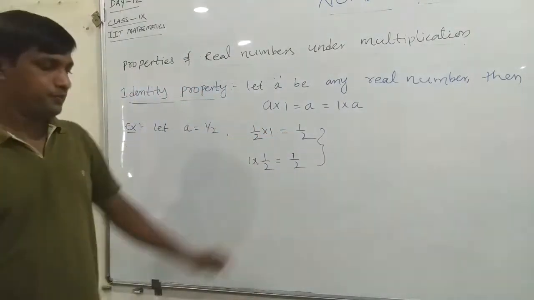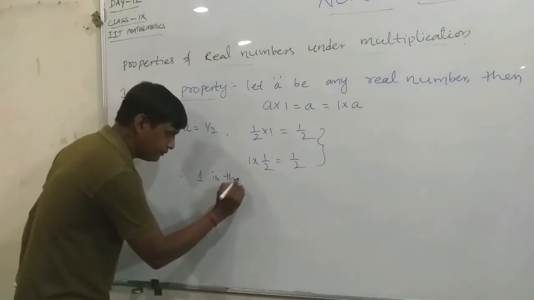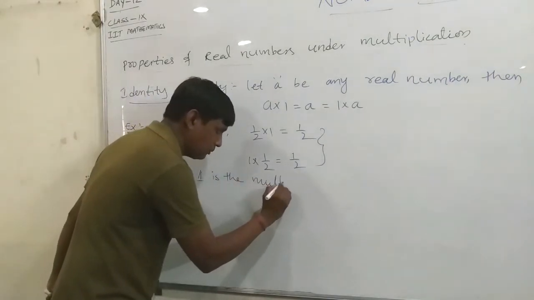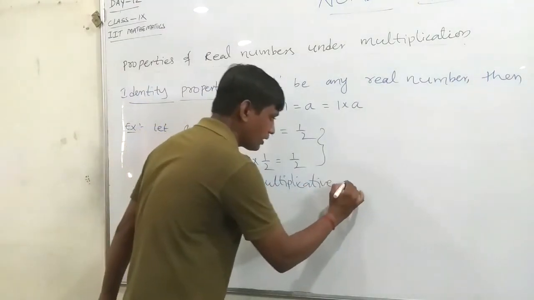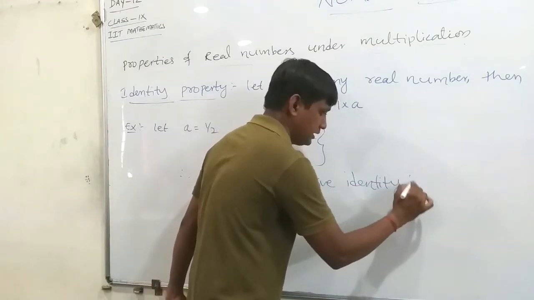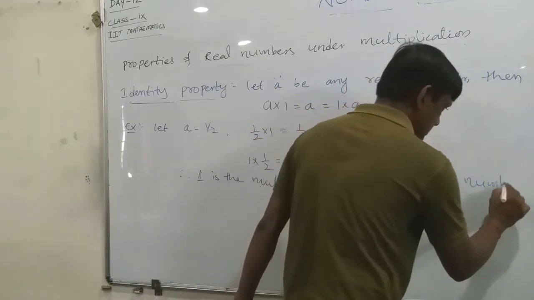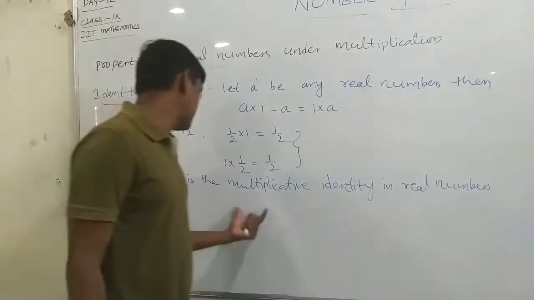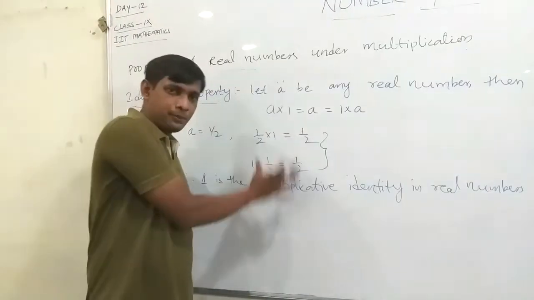In both the cases LHS and RHS are equal. So therefore 1 is the multiplicative identity in real numbers. Whatever number you are taking, if you are multiplying with 1, again we are going to get the same number.